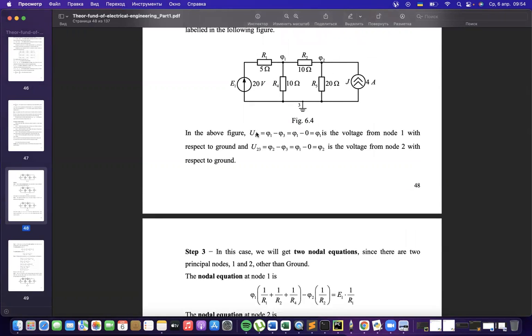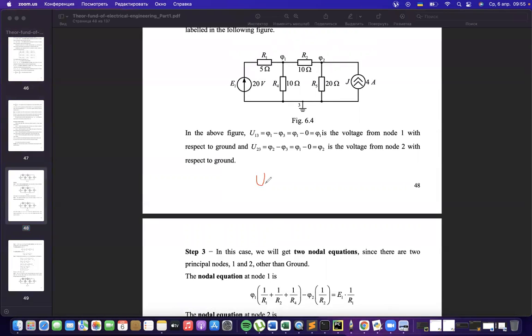Nice question. For the voltage, we are always subtracting the second index from the first. If we write voltage 1, 3, that means we are taking first minus third. If we are writing 2, 3, it equals second minus third, for any voltage. For example, if we write voltage 3, 1, it will be third minus first.